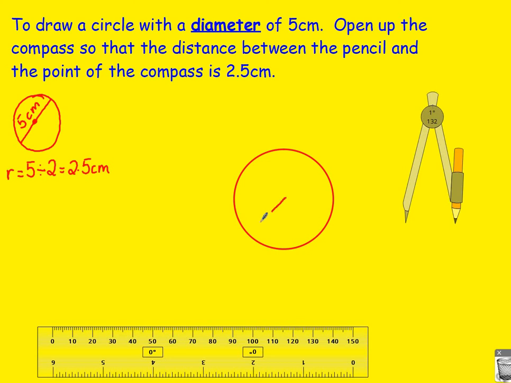So I've got a distance there of 2.5 centimetres and a distance here of 2.5 centimetres. So in total that gives me a diameter of 5 centimetres.